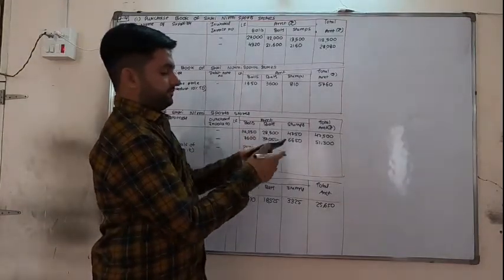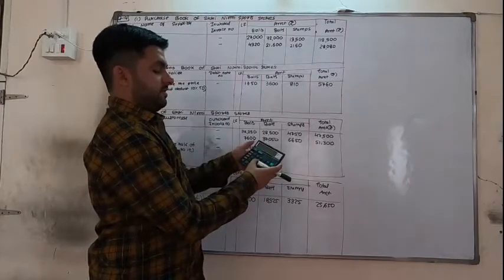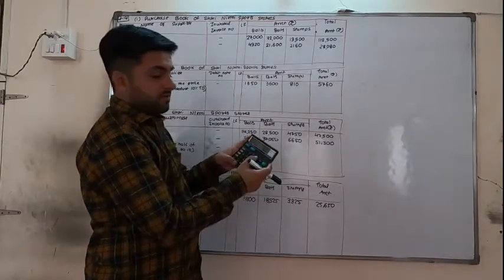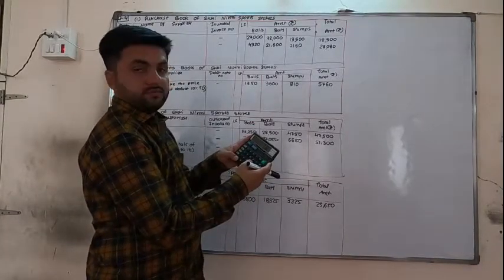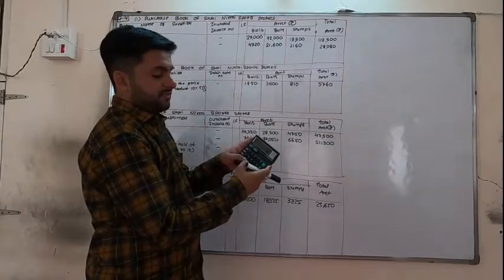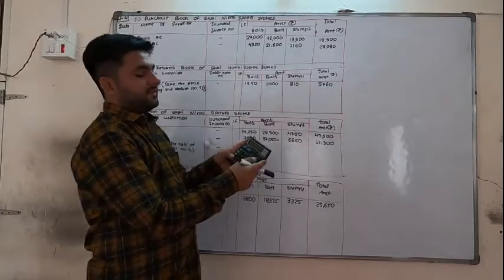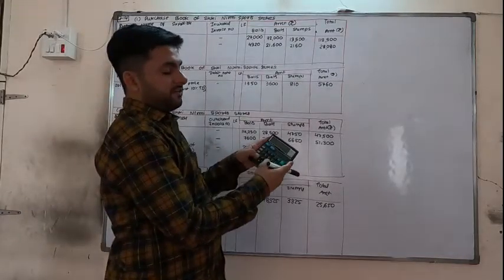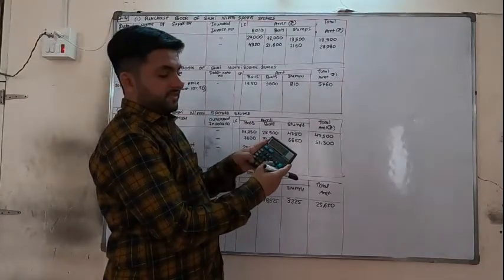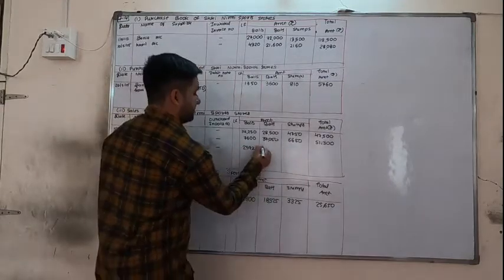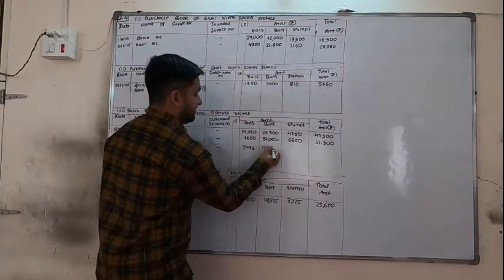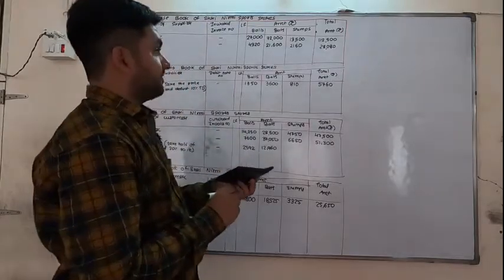So 4320 divide by 2, so 2160 plus 20 percent, so 2592. Again 21,600 divide by 2 plus 20 percent, so 12,960.